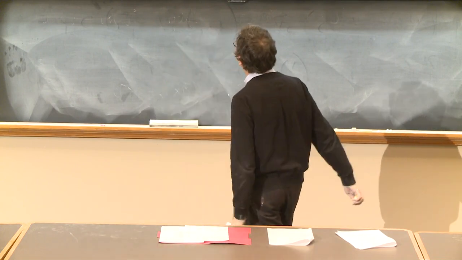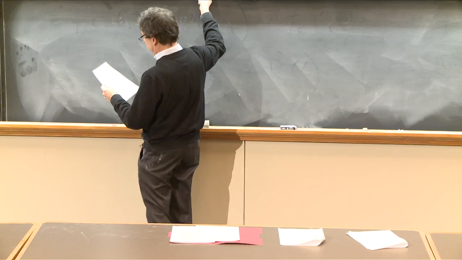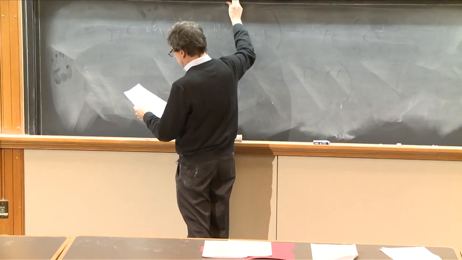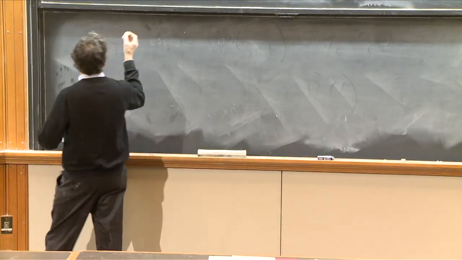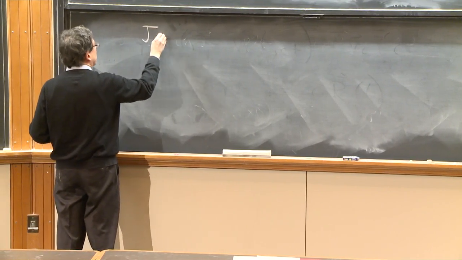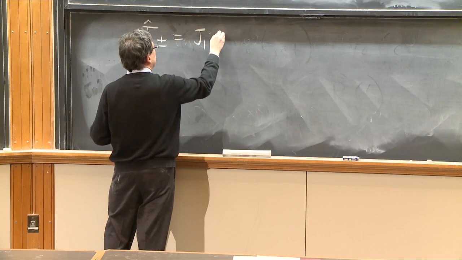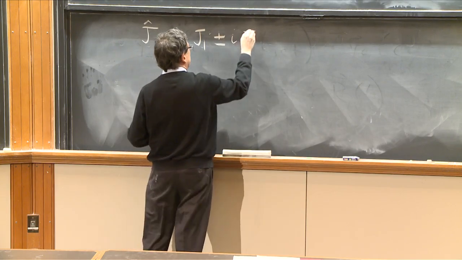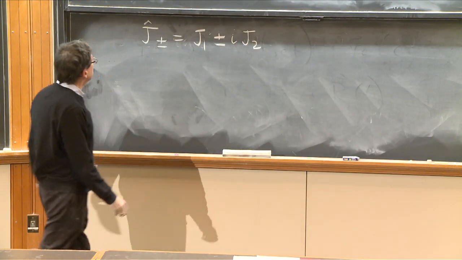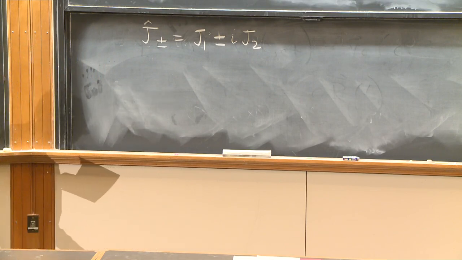So how do we proceed with this stuff? Well, there's the hermiticity, and you immediately introduce things called J plus minus, which are J1 plus minus i J2, or Jx plus minus i Jy.